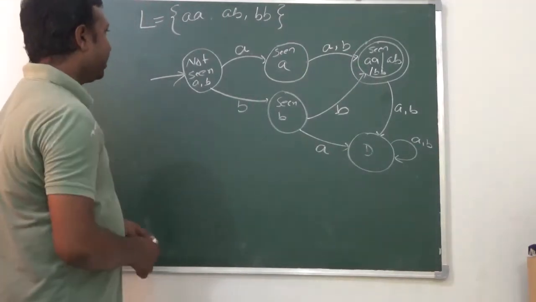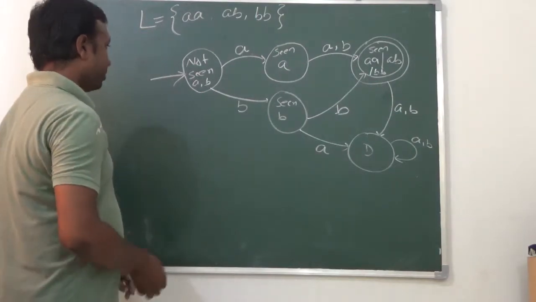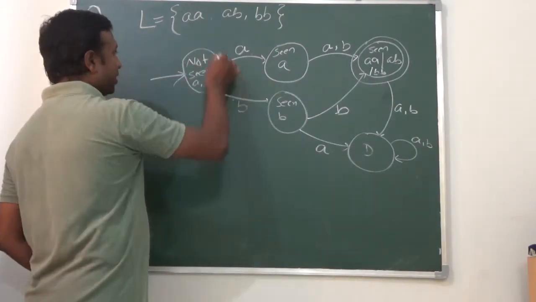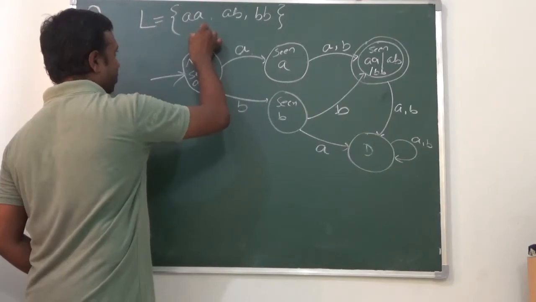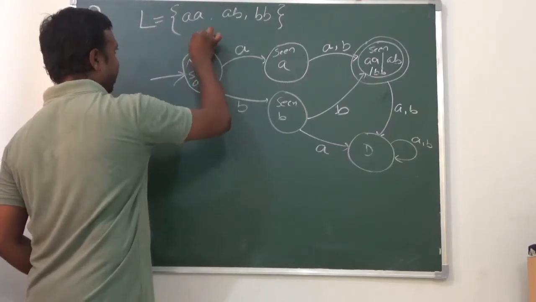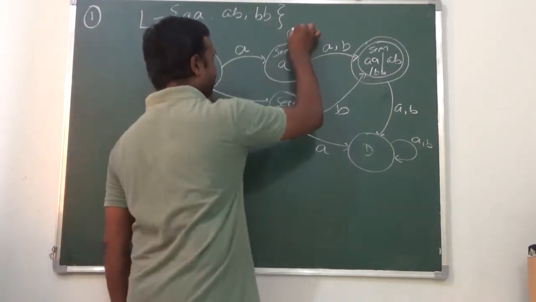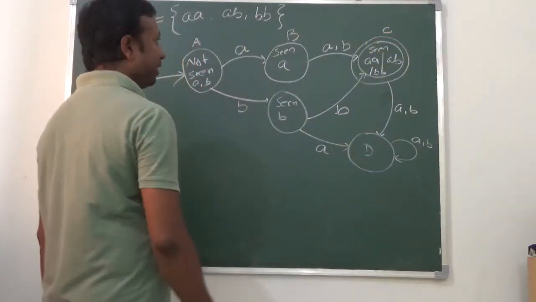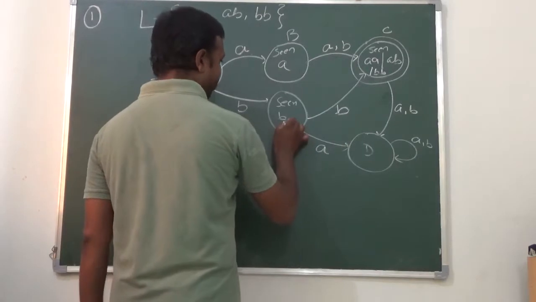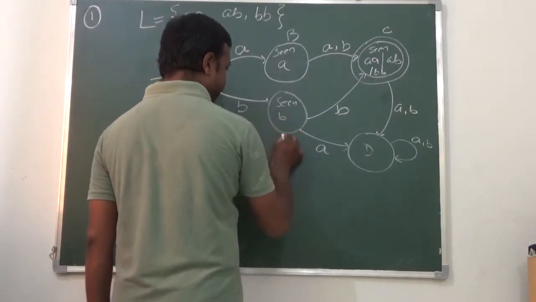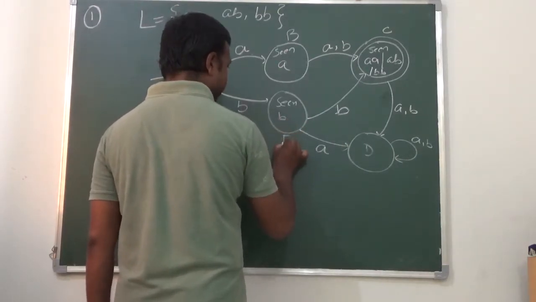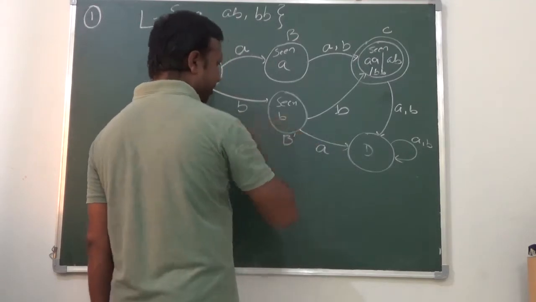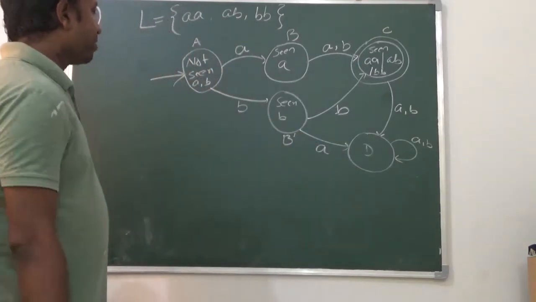So let's see how this machine actually works. Let us give names to these states: A, B, C, and this one is already given D. Suppose this state is E, or this state is B dash. Okay.